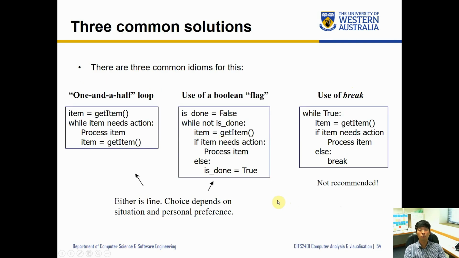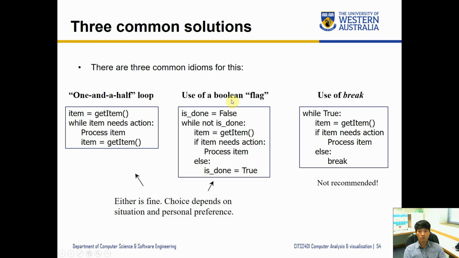The three common solutions are, first, the one-and-a-half loop, where you get the item and then do the while loop, and you get the next item at the end of the while loop. So when you come back, you already have the next item, and then you process it again. Another possible way is the use of a Boolean flag.